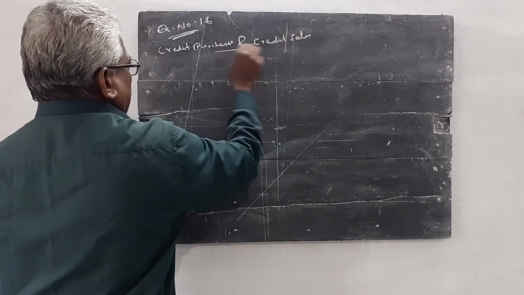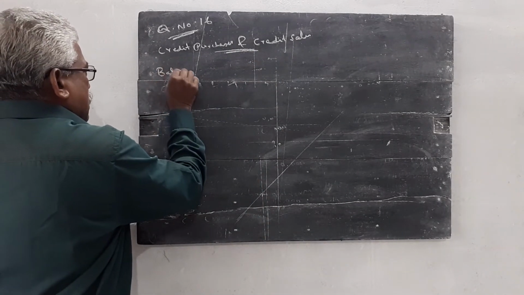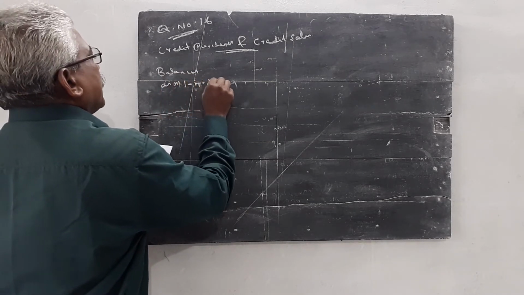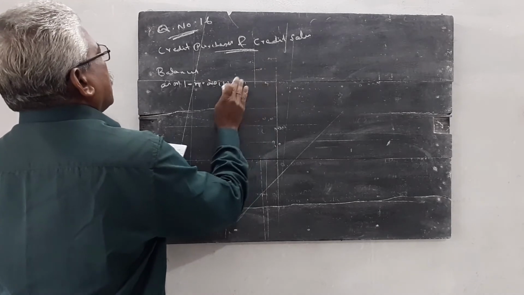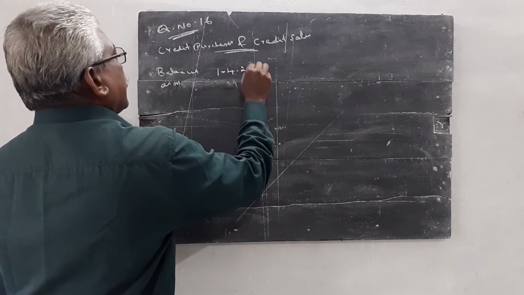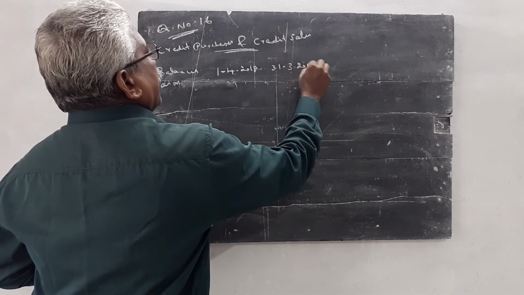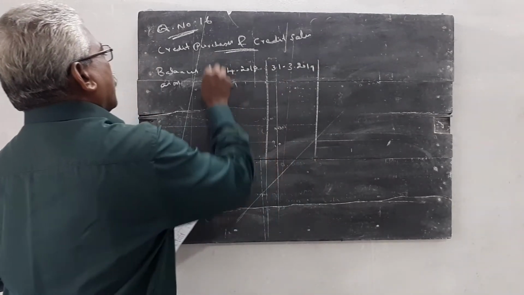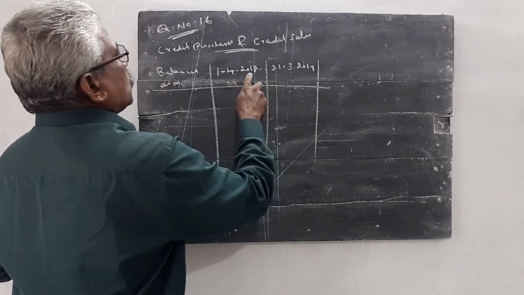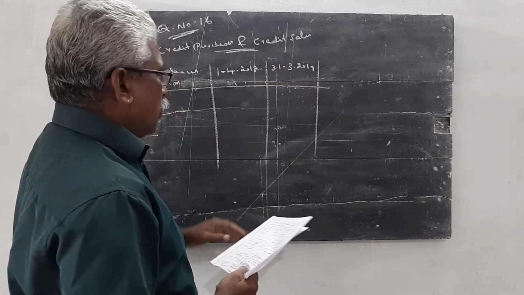Here the question gives balances as on 1/4/2018 and balances as on 31/3/2019. This information is given in our textbook, and some other additional information is also given.